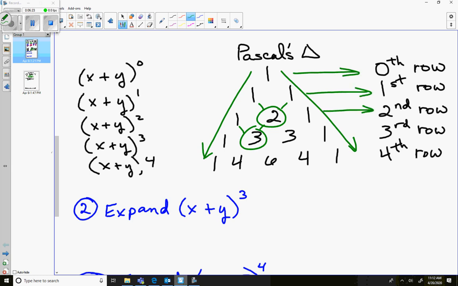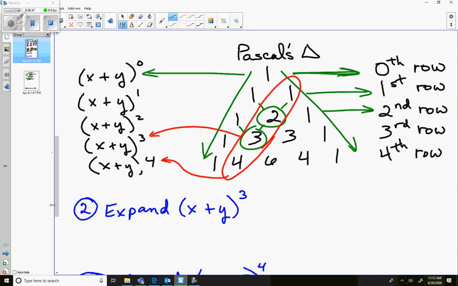Pay attention to how they are being compared. The reason this is the 0th row is because it corresponds to x plus y to the 0th power. Basically, what you want to look at is the second number in Pascal's triangle. The second number will tell you what that coefficient is.